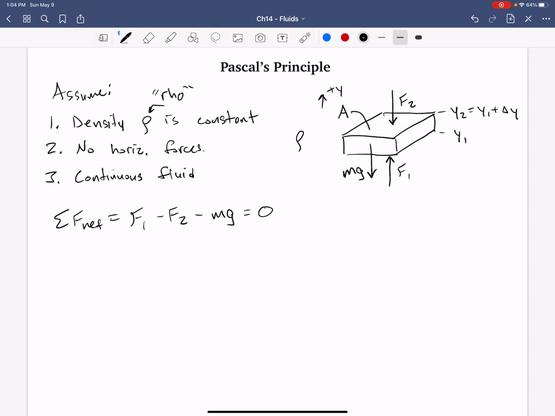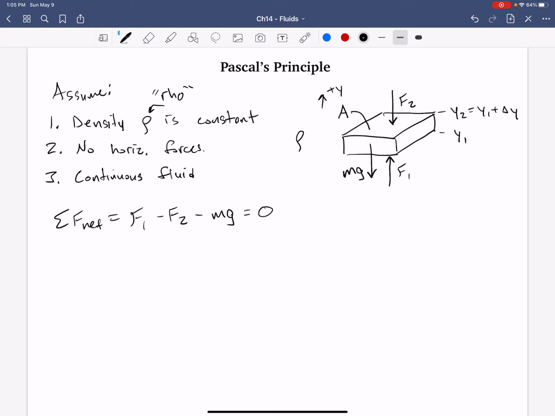I should have put this as a fourth assumption. This packet of fluid, air or water or what have you, is not moving. It's stationary. Pascal's principle governs stationary fluids. We'll get to moving fluids with Bernoulli's principle towards the end of the chapter. But for right now, this is not accelerating, not moving, so the net force is 0.